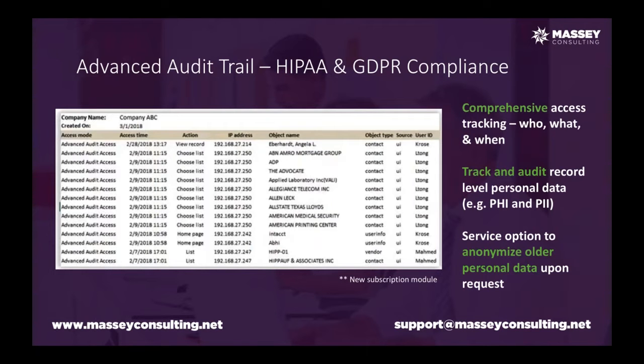New in the May release is not only tracking who, what, and when, but individual bits of data as well. For example, if you can read some of these on here, this advanced audit access is recording the fact that names were changed, that addresses were changed, that personal information was changed.